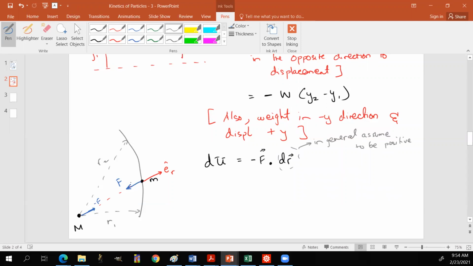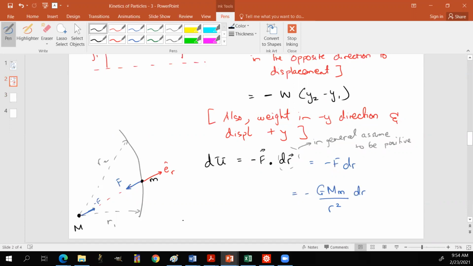And if you look at it in terms of the scalar quantities, that just ends up being minus F times dr, because they're in the same direction, and the dot product will just end up being the product of the two. And we know what the magnitude of this force is, from Newton's law of gravitation. So that's just minus GMm over r squared times dr.